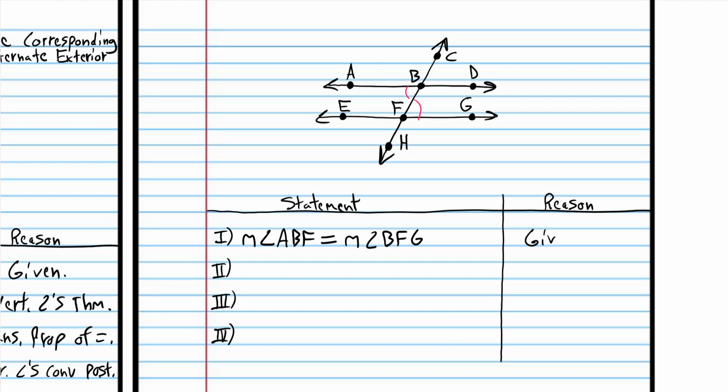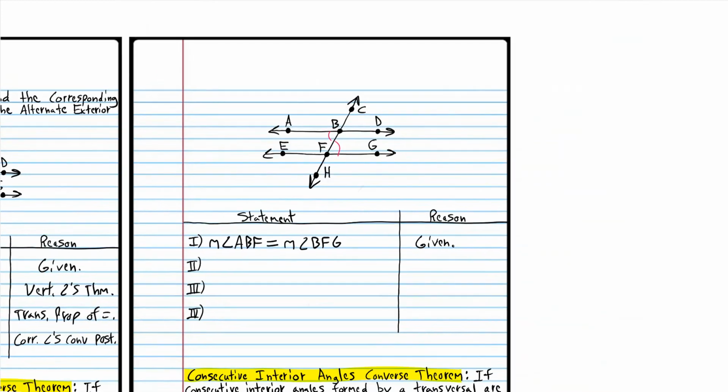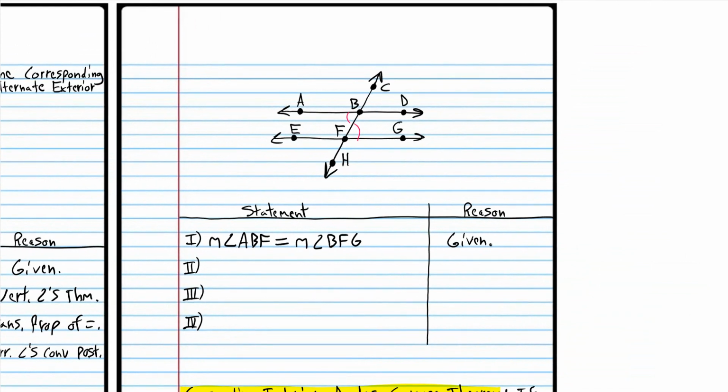And that's given information. So now I want you to prove that if those angles are congruent, then AD must be parallel to EG. And you're going to use the corresponding angles converse postulate and also the vertical angles theorem. So try that problem, and when you come back, we'll do it together.